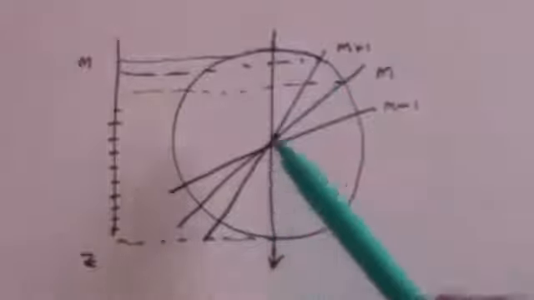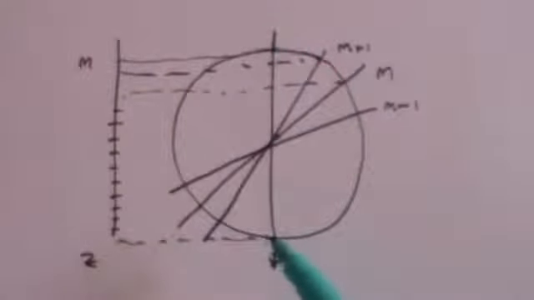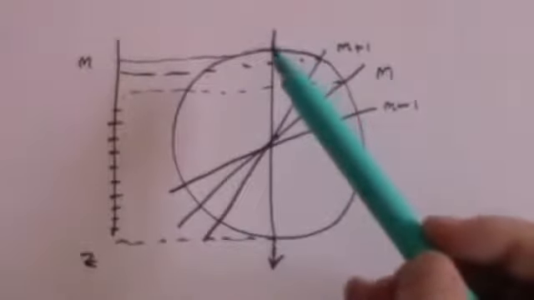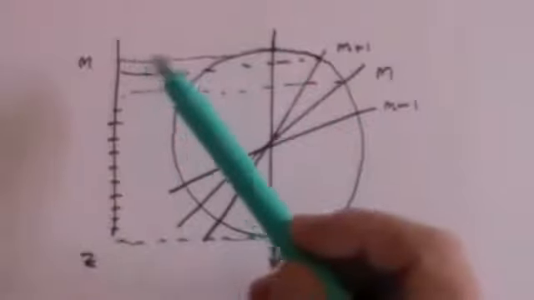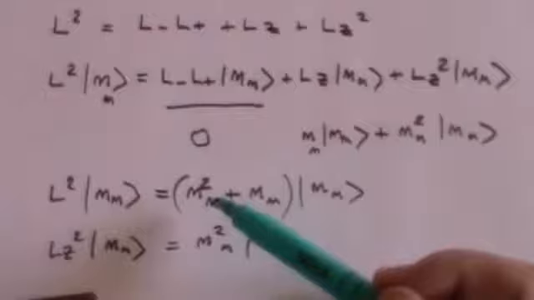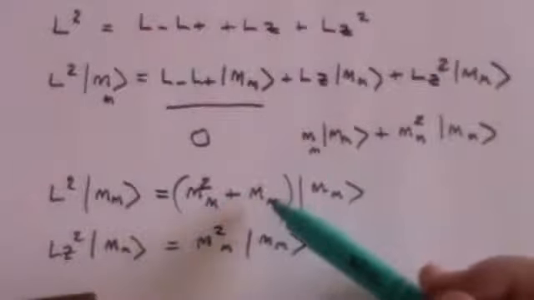Because if you measure the angular momentum along the z-axis when the angular momentum is aligned with the z-axis, then classically the total angular momentum would be along the z-axis. In other words, all of the angular momentum is along the z-axis, classically. But quantum mechanically, when you measure L, you get what you would expect to get classically, which is m max squared, plus a little bit extra.